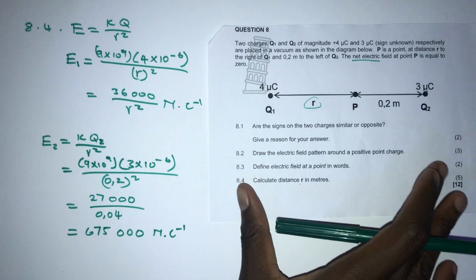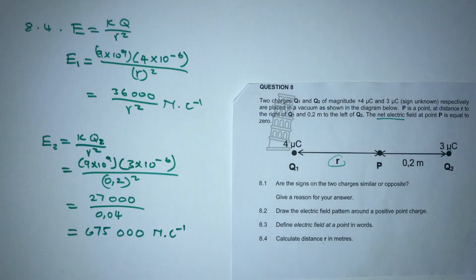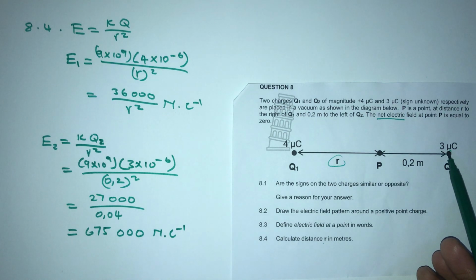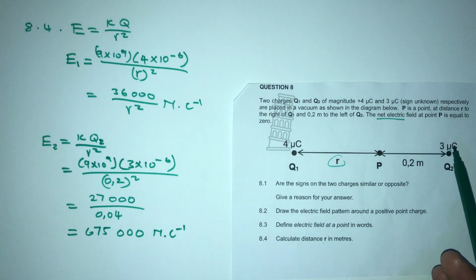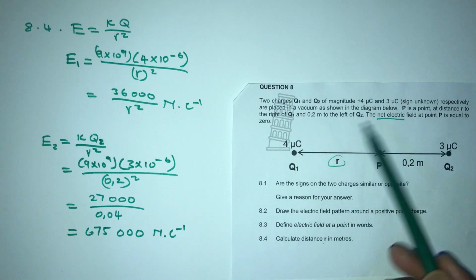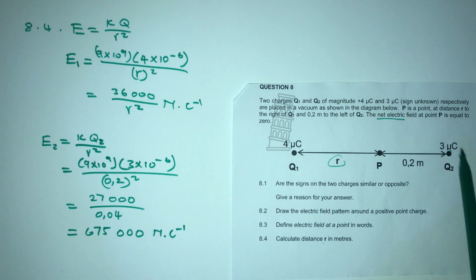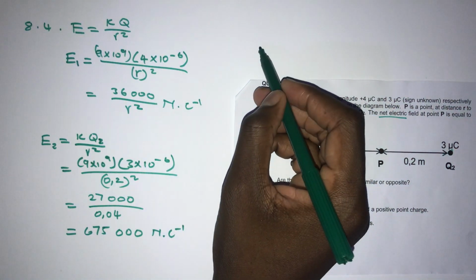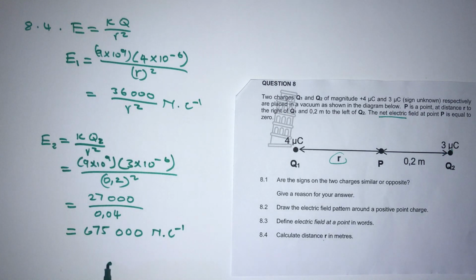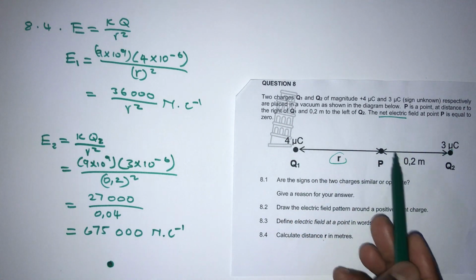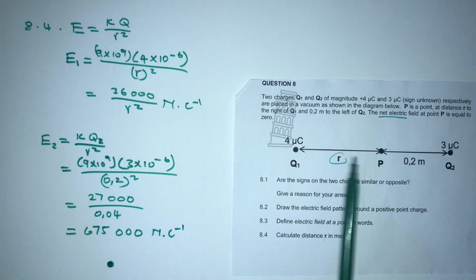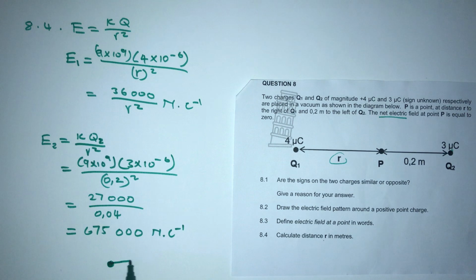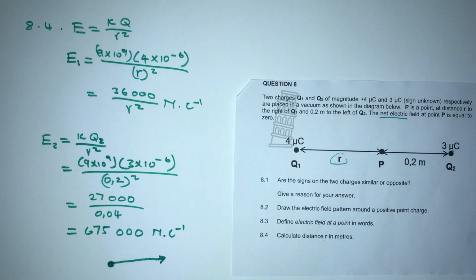So we can do this before we go far. Let's check. Since these two have the same sign, and Q1 they said is positive, it means that Q2 is positive too, right? So when we draw the vector diagram, Q1, since this is a point charge, is always positive, so Q1 is going to push P in that direction.